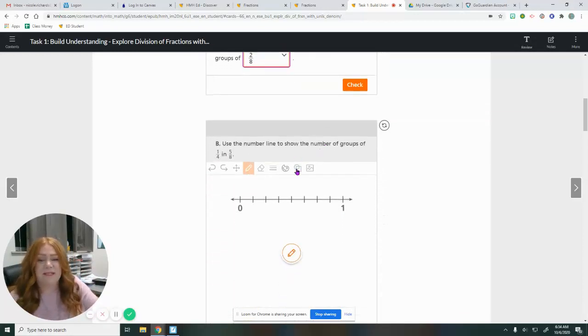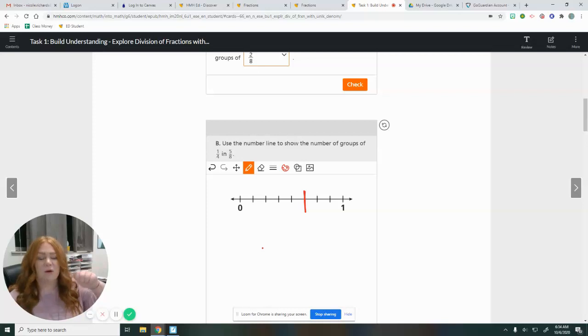Now we're going to use this number line. I notice it's cut into 1, 2, 3, 4, 5, 6, 7, 8 pieces. We've got 5/8, so go ahead and mark where 5/8 is. 1, 2, 3, 4, 5. This is how much I have. Then using a different color, go ahead and circle groups of 4ths or 2/8 because those are equivalent.